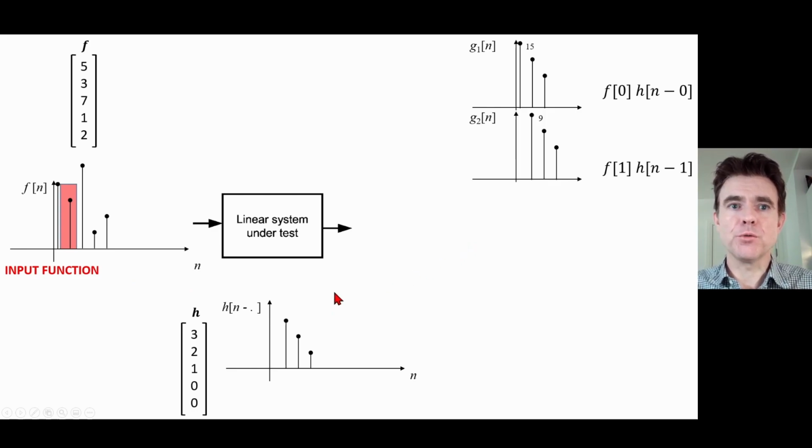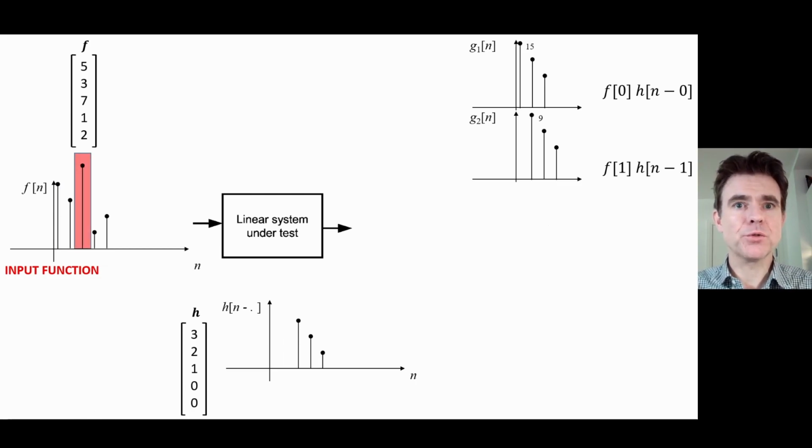Okay, so the response to that is just going to be the impulse response there, just scaled by the amplitude, which is 3. So 3 times 3, 2, 1 is just going to give us our 9 and 6 and 3. Okay, 9, 6, 3, 0, 0 would be the response. Okay, so it's a very simple principle, called homogeneity of a linear system, where if you scale up or down here, you scale up or down the output.